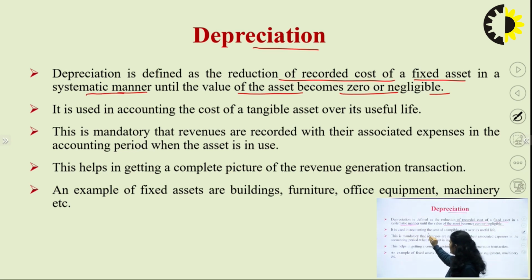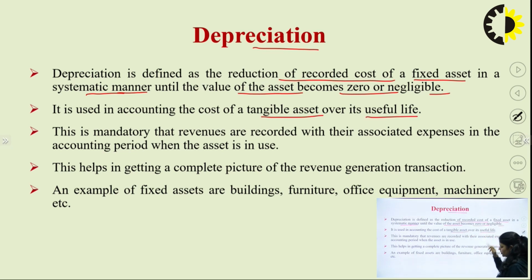It is used in accounting the cost of a tangible asset over its useful life. So what is the useful life of a particular asset? It means the period until the particular asset is productive in nature; that will be its useful life. So we can find out the cost of that asset over its useful life with the help of depreciation.